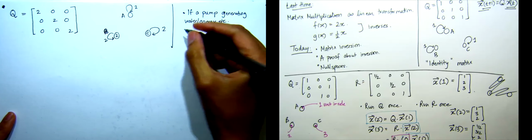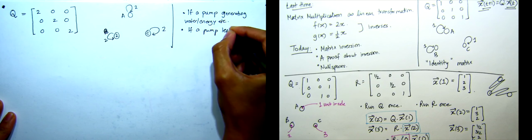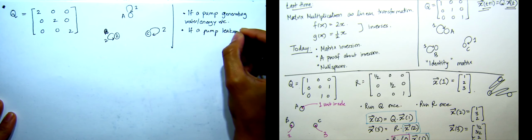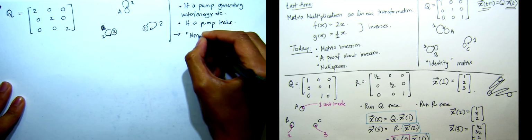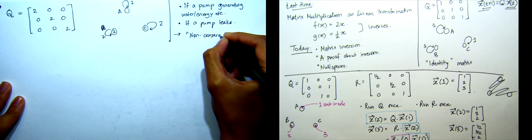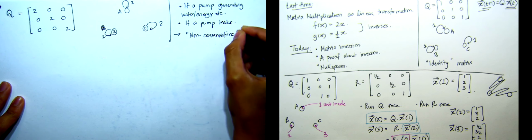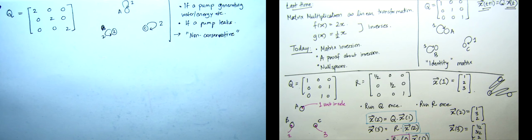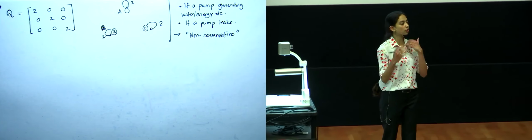If a pump leaks, both these kinds of pumps are called non-conservative pumps. The pumps we looked at last time are conservative pumps.